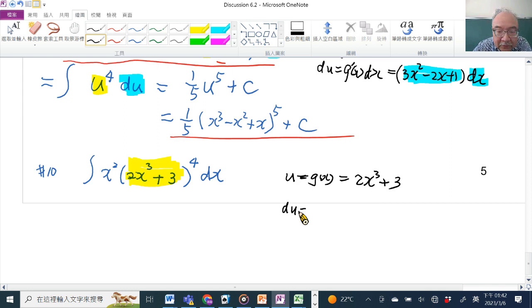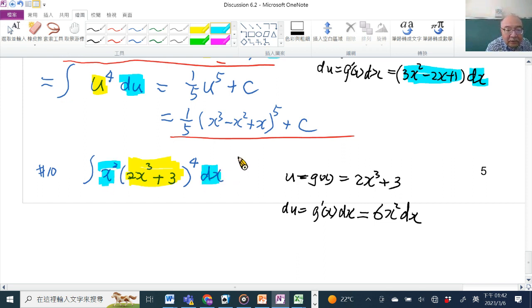And our du is equal to g prime of x dx, and that is equal to 6x squared dx. Okay, now we have to be careful. This time, we only have x squared dx. That means we only have this portion. We do not have a 6. That will give you multiplication needed. That is, 1 over 6 du will equal x squared dx.